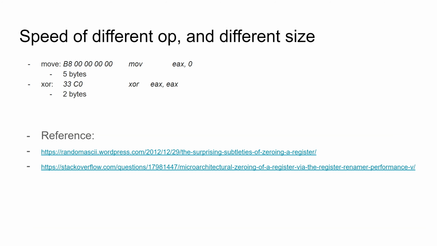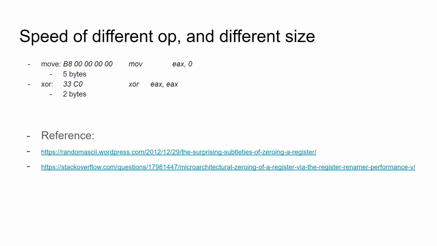For example, a move command of moving 0 to EAX takes 5 bytes to express. That is because EAX takes an Int32 input, and in order to express 0, you need 4 bytes of 0. Whereas if you just want to XOR a register, you just say XOR and something that represents that register, and that only takes 2 bytes.